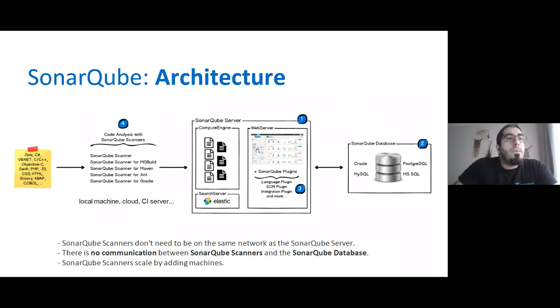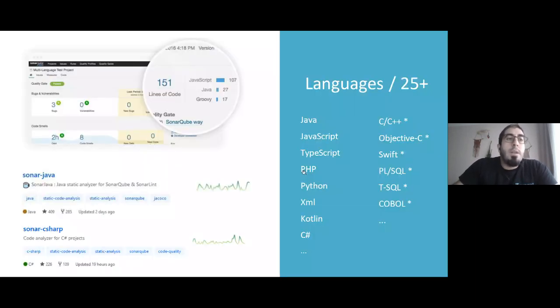SonarQube analyzes more than 25 languages. Some of them are free to use. Some of them are only available in commercial editions. Each language is a plugin for SonarQube. You see the left side.